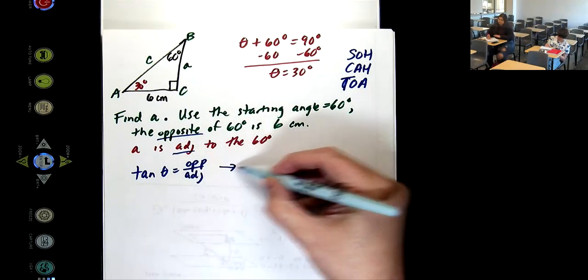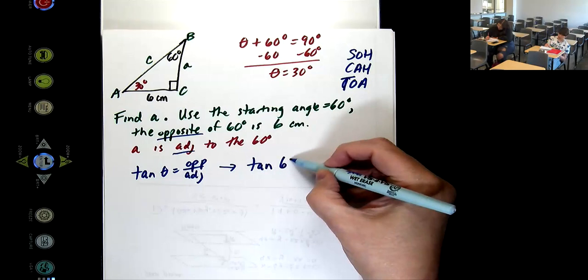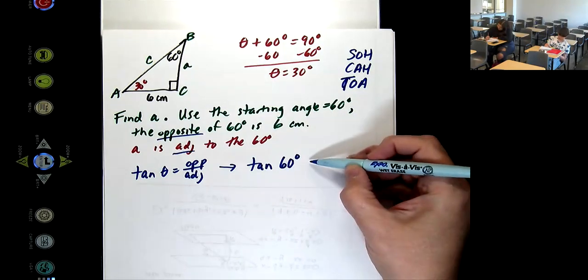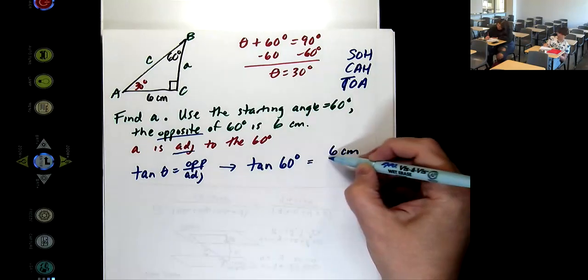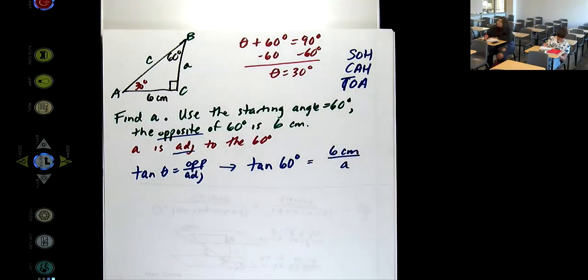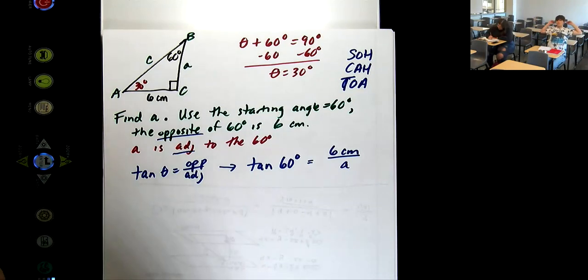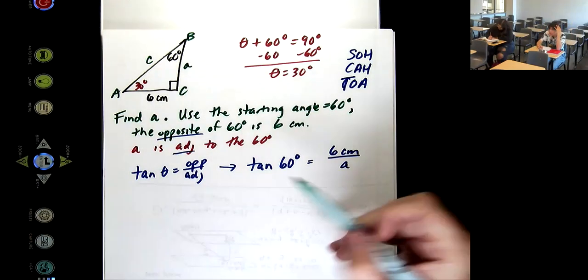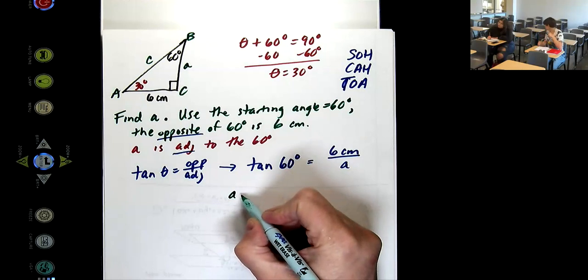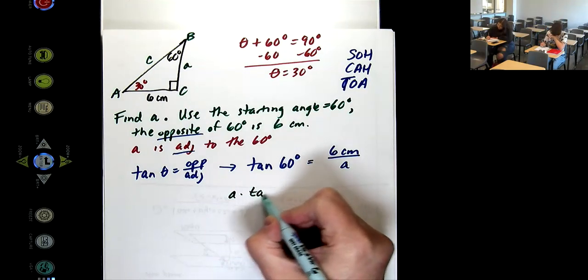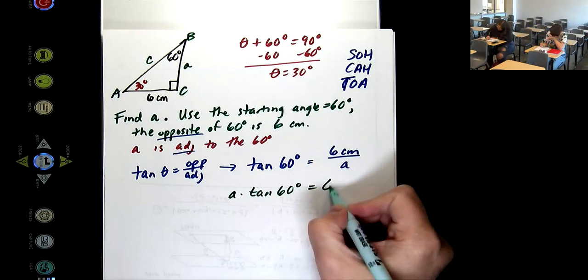So tangent of theta equals opposite over adjacent. The pieces of information I have is the angle is 60 degrees. The opposite is 6 centimeters. And what I'm looking for is A. So first off, I will clear my fractions. I'll multiply through by A. And if I do that, I get A times tangent of 60 degrees equals 6 centimeters.